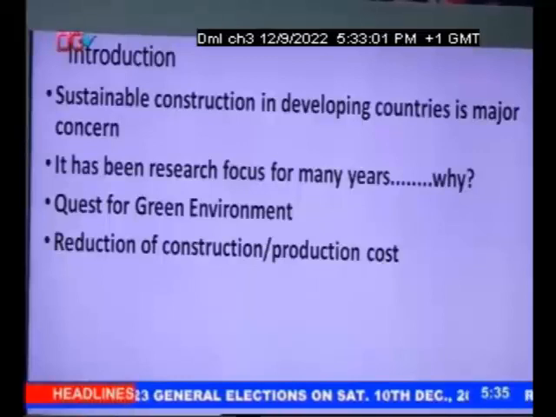We are yet to get there. So it's a major concern, and it should be of interest to everybody, especially the upcoming young ones who want to come into engineering. They should see this as a research focus. It has been a research focus for so many years.